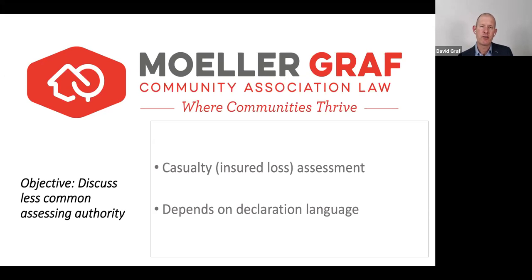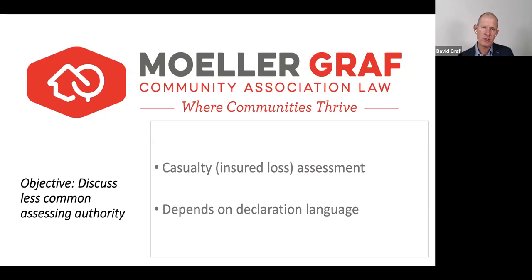Then there's the casualty or insured loss assessment. And what that says is, typically, if it's in the governing documents, in the event that the components of the community that the association insures are damaged and the insurance proceeds are insufficient to repair them, then the deficiency will be, and in Kiowa it says, a common expense levied to the owners in accordance with their allocated interests.